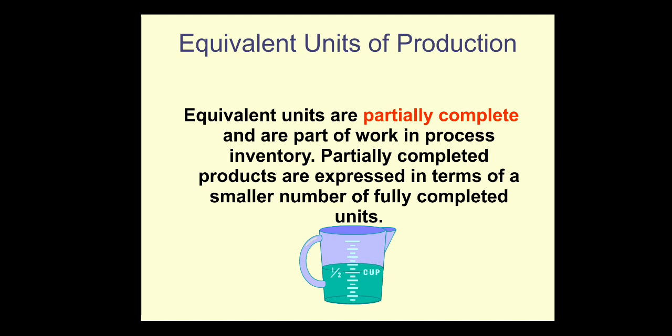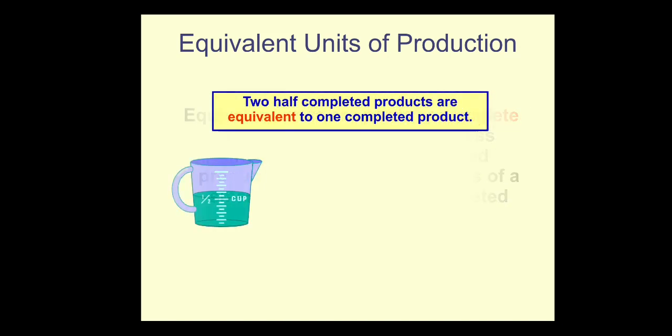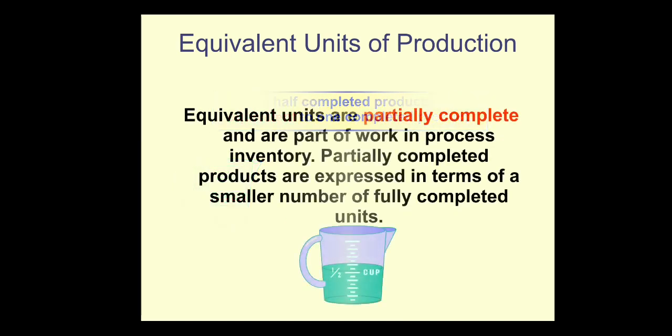So this WIP equals how many units of completed product? So 1,000 units of partially completed product at 20% completion equals 200 units of completed products. I hope you get the idea.